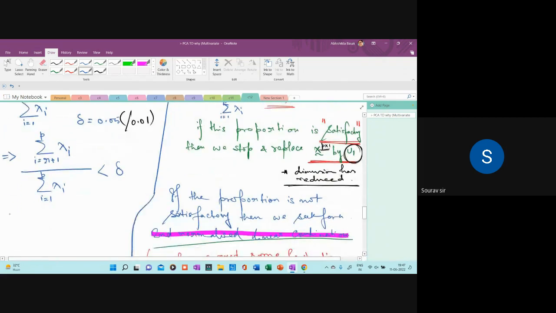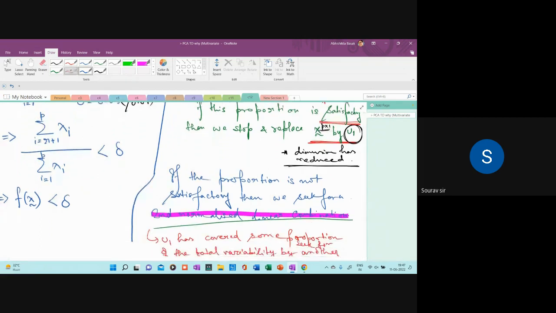We consider this function to be a function of lambdas, so this function of lambda is less than delta. This particular thing we call f of lambda.